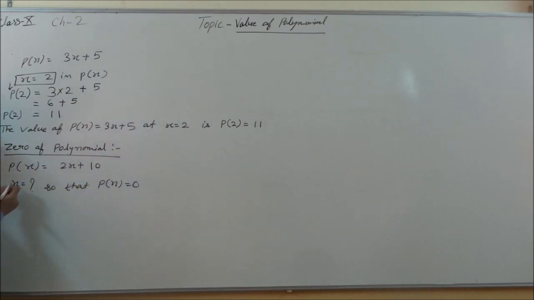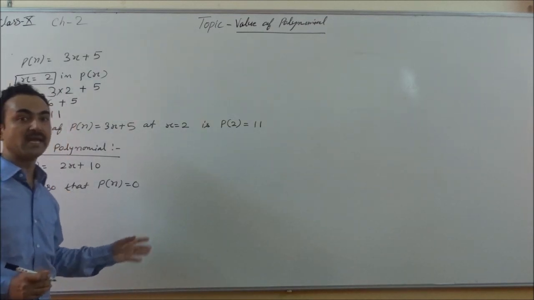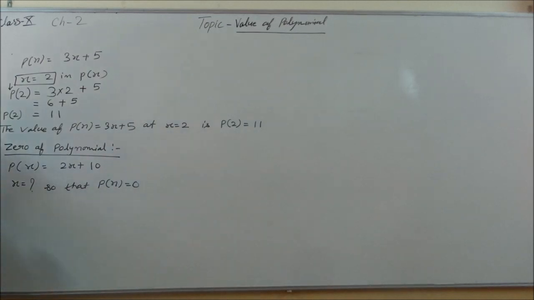So how do you solve it? There are two methods. First is the trial and error method and second is the solving the equation method. First we will use the trial and error method. P(x) equals 2x plus 10. So we put 2x plus 10 equals 0, because we need to make it 0 according to the definition.